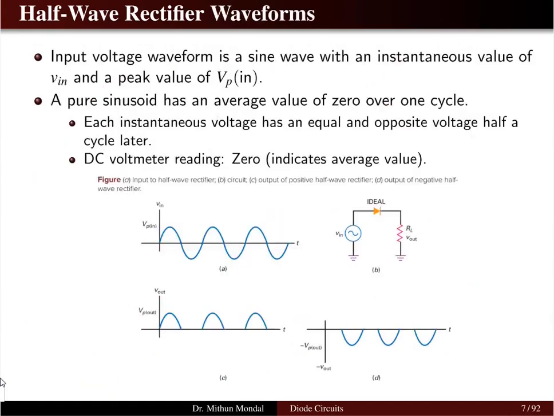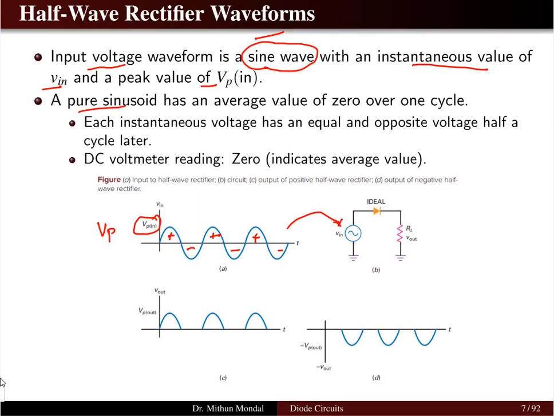When we talk about the waveform of the half-wave rectifier, the input voltage waveform is basically a sine wave, that is AC, with an instantaneous value given as V input with a peak value Vp. We can see that it is a sine wave with multiple cycles, positive and negative, with the maximum value Vp, the input voltage given as the single phase AC supply.